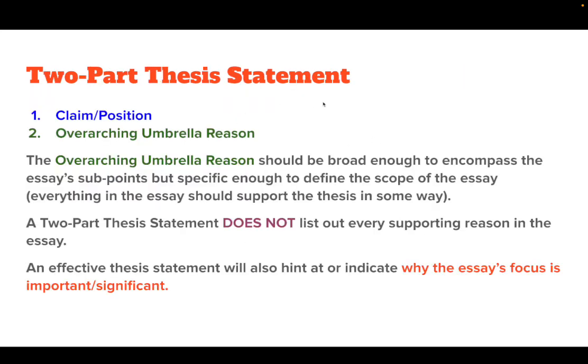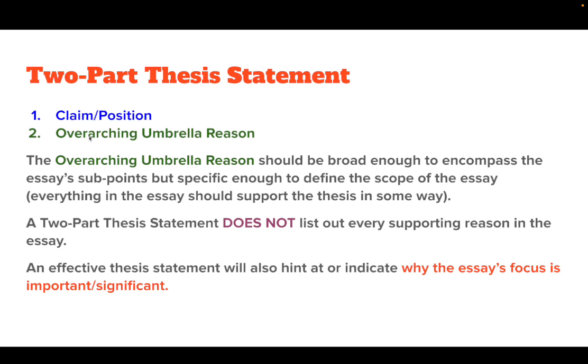A 2-part thesis statement takes those general 2 parts, but it just allows for more nuance in them. So the first part is the claim or position, so that hasn't changed. We still clearly express the argument that we're planning to support in the essay. But where it does differ is when we express the reason.